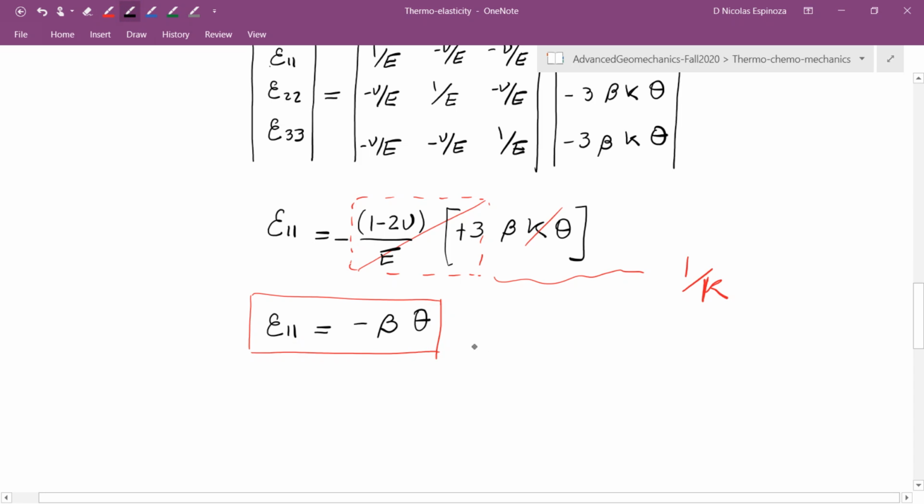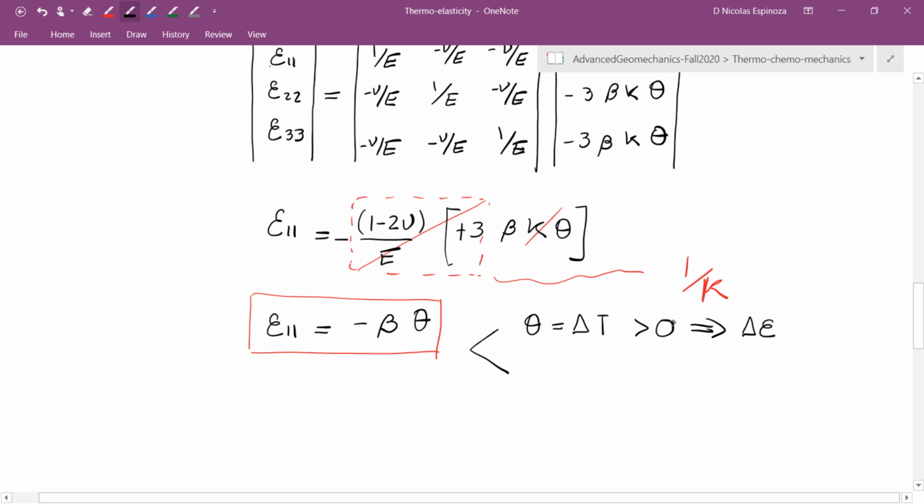If delta theta, which is equal to delta T, is larger than 0, that means that I have an increase of temperature, then this would produce a negative change of strain, according to the geomechanics convention.